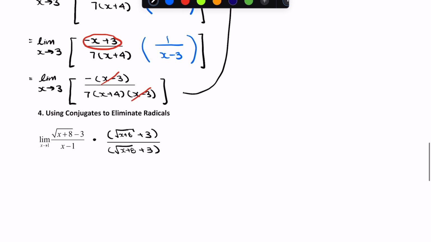Okay, so let's rewrite this. So here the limit as x approaches 1, so square root x plus 8 minus 3 multiplied by square root x plus 8 plus 3 will give you x plus 8 minus 9. So actually do this in brackets.